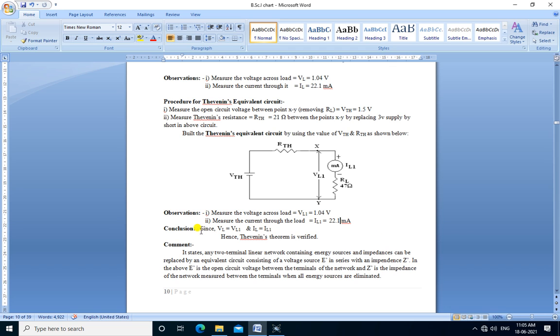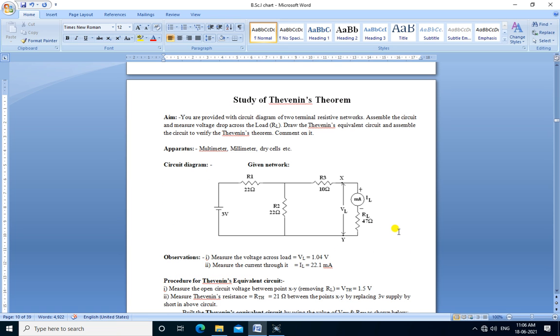So the conclusion is, since VL is 1.04 volt and VL1 is 1.04 volt, VL is equal to VL1. Also IL is 22.1 milliampere and IL1 is 22.1 milliampere, so IL is equal to IL1. Hence Thevenin's theorem is verified. Thank you.